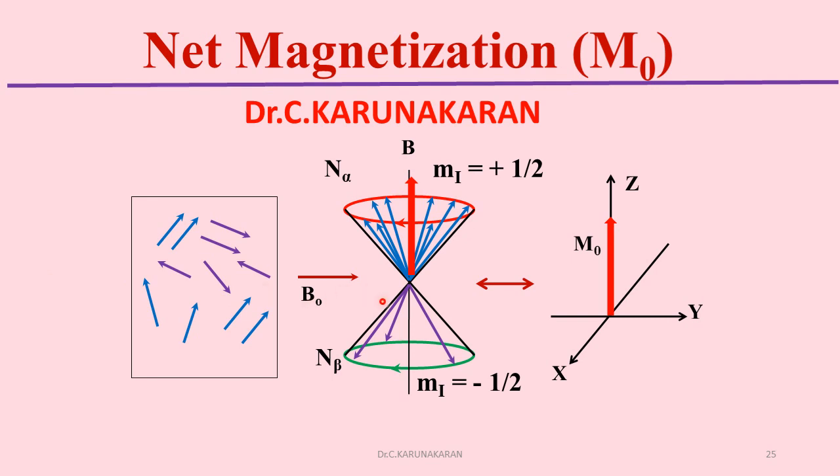In the presence of magnetic field B naught, these electron spins or nuclear spins are oriented. For example, Ms equal to plus half is oriented in the direction of the field. They are lower in energy. Ms equal to plus half is lower in energy. Therefore, it is more populated, with more spins in the ground state.